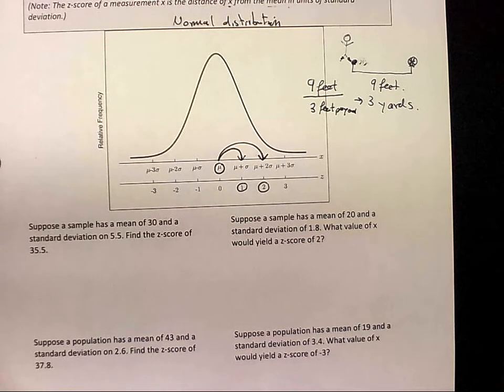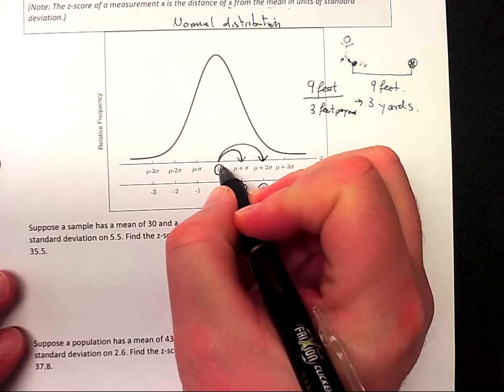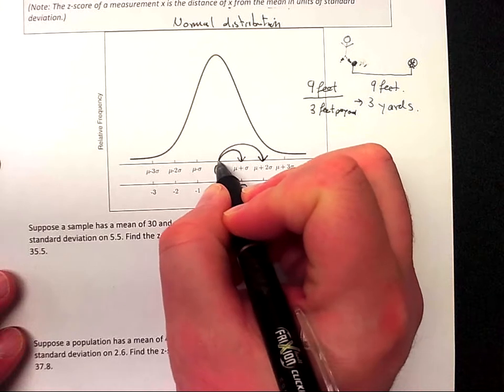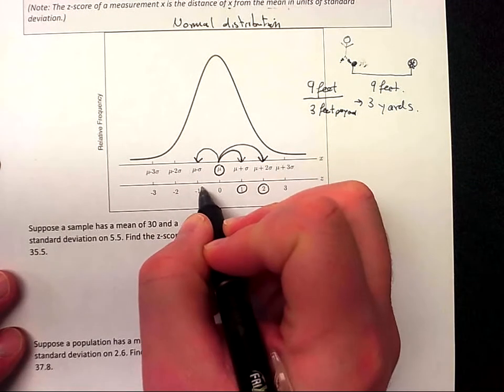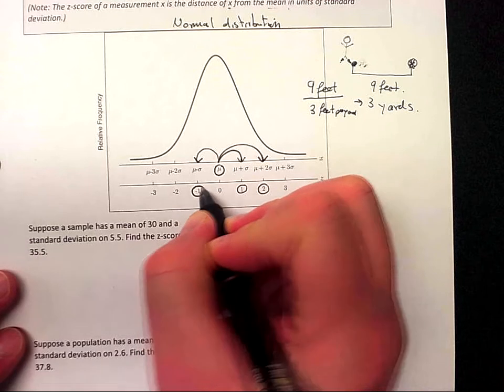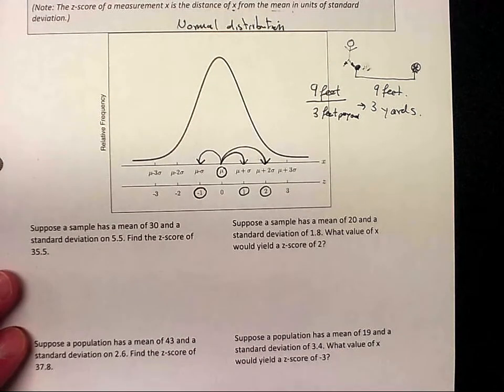Well, now, if you take that concept that a z value is just how many standard deviations you're away from the mean, well, let's go the opposite direction. What happens if we go from the mean, and instead of going above the mean, now we go below the mean? Now we don't have a z value of 1, we have a z value of -1.